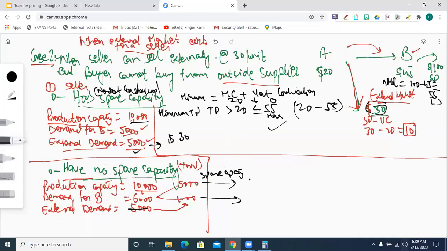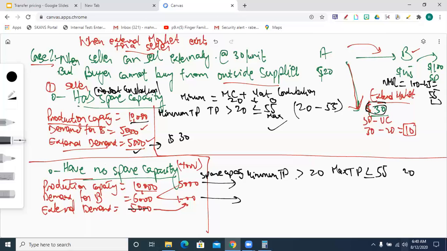So here again, the rules would be the same, and also the buyer cannot buy externally. The minimum would be this marginal cost, and the maximum would be equal to the net marginal revenue that one unit should earn. It should be equal to that, otherwise he'll start incurring a loss. So the minimum transfer price in this scenario would be greater than 20, and the maximum transfer price would be less than 55 again.